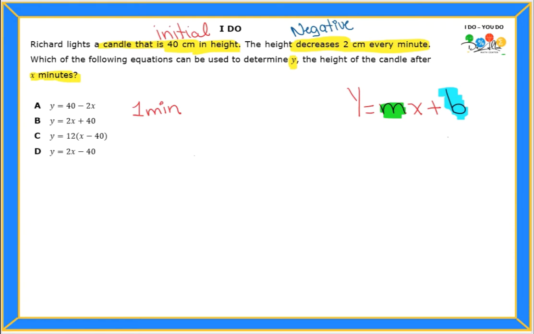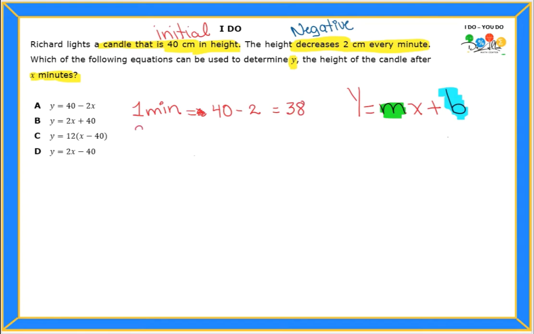So I start with 40, the initial height, and take away the 2 centimeters per minute, and I get 38.